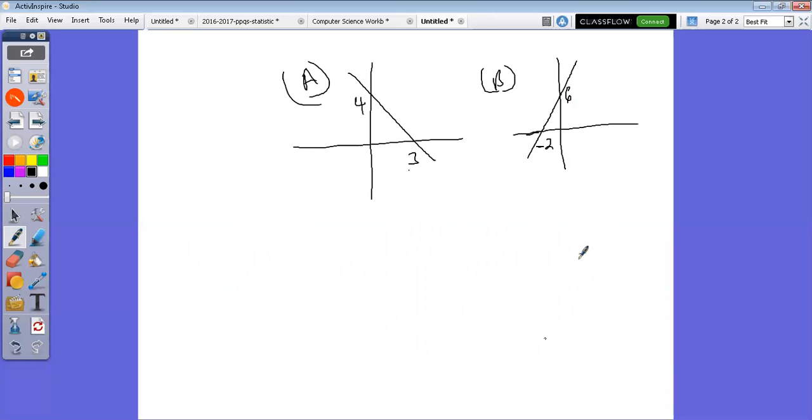Like this, clear. And they find the equations of the line. So you say y is equal to mx.